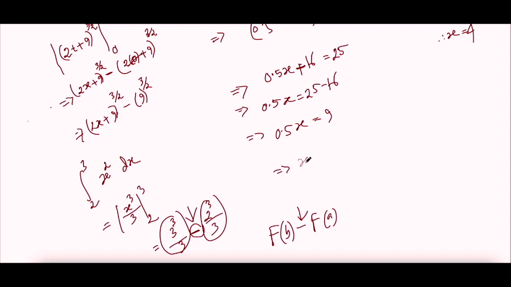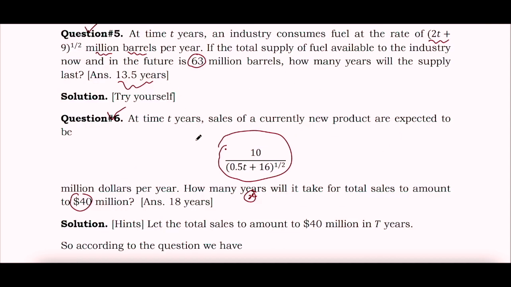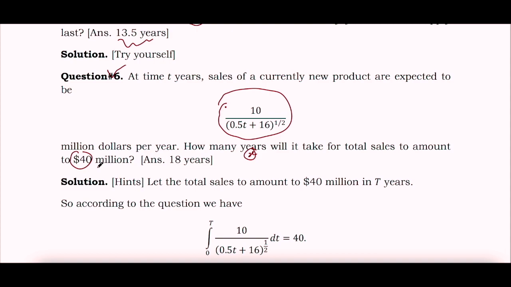This implies x equals 9 by 0.5, how much is that? 18. 9 into 10 by 5, which is 18. Therefore the amount will be $40 million in 18 years. It will take 18 years for the total sales to amount to $40 million. Does it make sense?